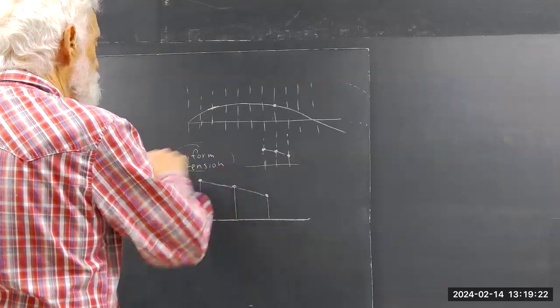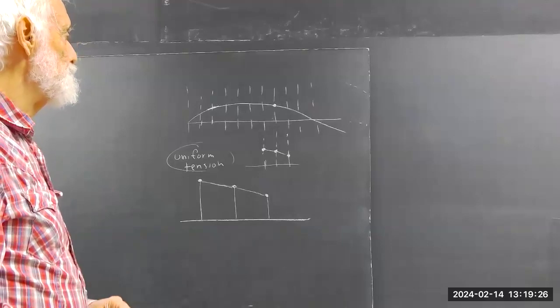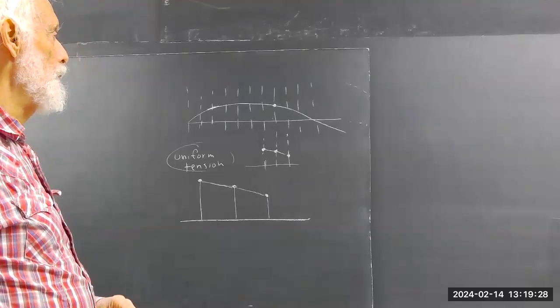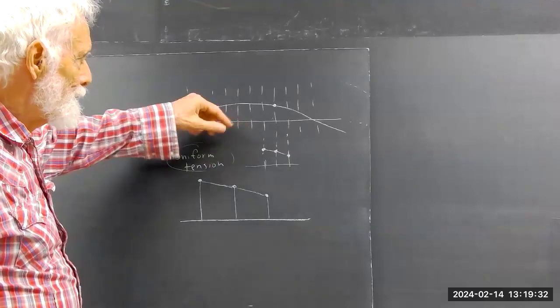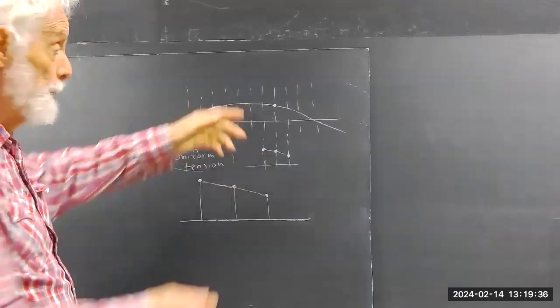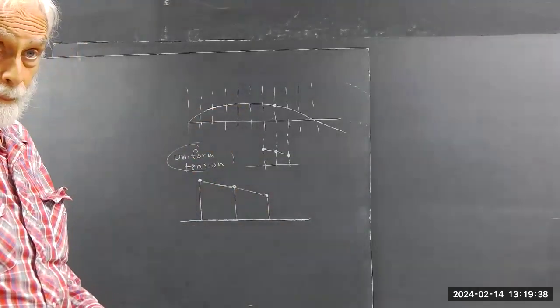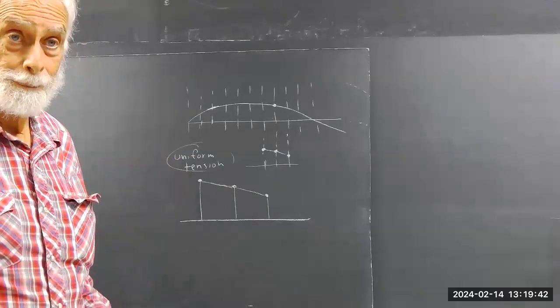Back up a second. The reason I said the displacements from equilibrium are small compared to the wavelength was so I could say that the tension remains uniform.